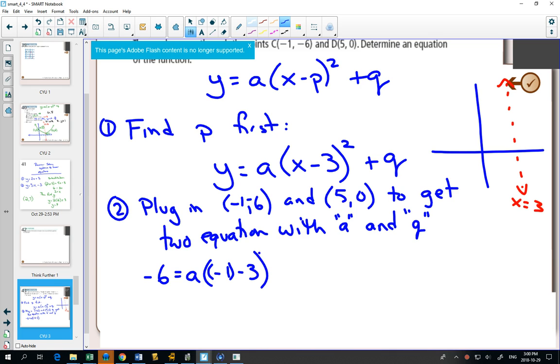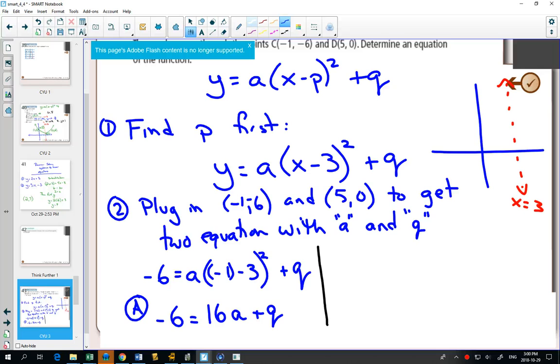Put that little -1 in brackets, squared, plus q. If I simplify this equation, I'm going to have -6 equals 16a plus q. I can't solve that equation because I have two things I don't know. I don't know a and I don't know q. I'm going to call this equation A. I'm going to plug in (5, 0).